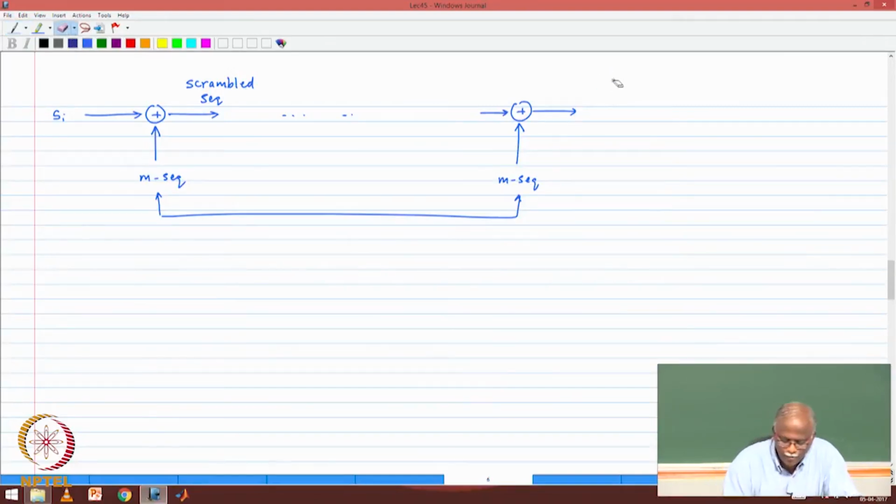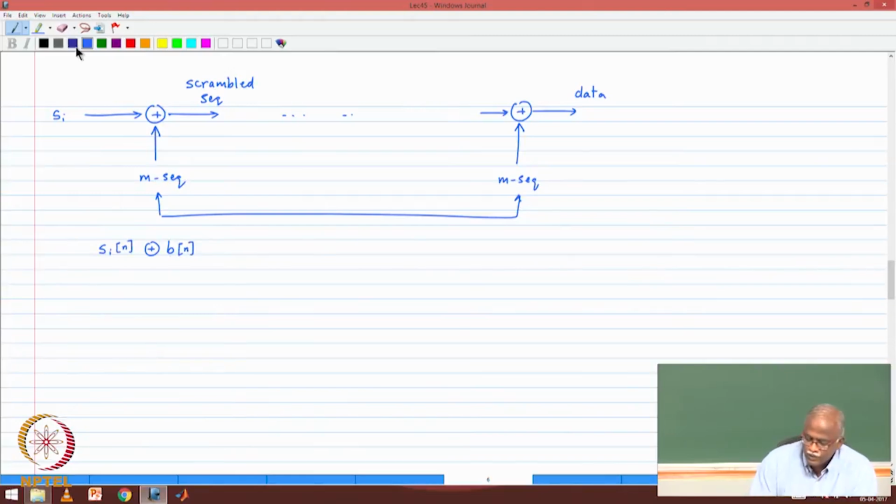That same M sequence value should be added at this point, and this is what gives us the data once again. I just want to write down something very simple, but I want you to think about this. So Si of n is a binary value. I do the operation with the M sequence, let me call that B of n. So this is the scrambling operation.